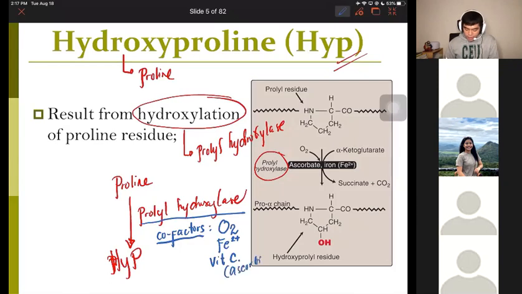You have probably heard of cevitamic acid, right? So ascorbic acid is also cevitamic acid. So for the allies or cofactors, we have oxygen, ferrous, which is 2+, and then vitamin C or ascorbic acid, cevitamic.